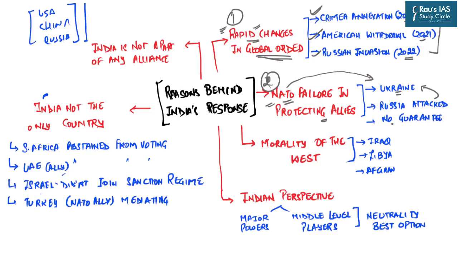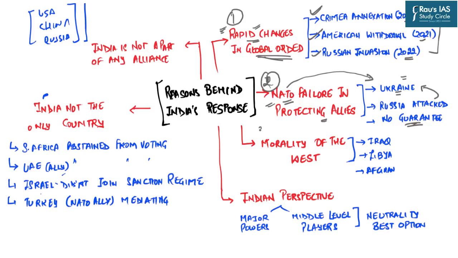Further, what is the role of the guarantee which is provided by the USA or, for that matter, the North Atlantic Treaty Organization, that is NATO, to its allies? NATO had given a guarantee to Ukraine before the start of the war that it will come to its defense against Russia, but we know that it has not happened. So now again, if the US or Western countries are asking us where are our moral commitments, we can counter question them: where are your moral commitments?